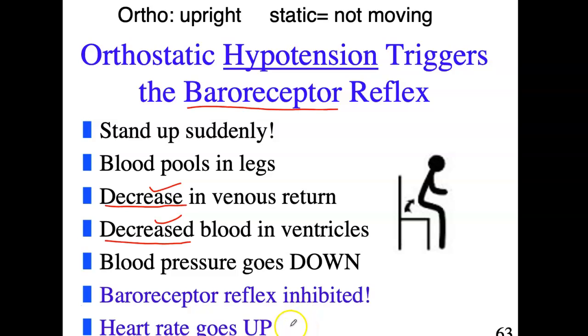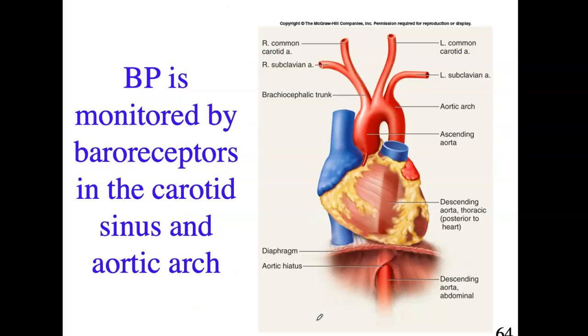So essentially, you are correcting the problem by making the heart rate go up. So baroreceptors are crucial. It's the neural receptors that are checking to see what the blood pressure is like in the system. And where would you put those?